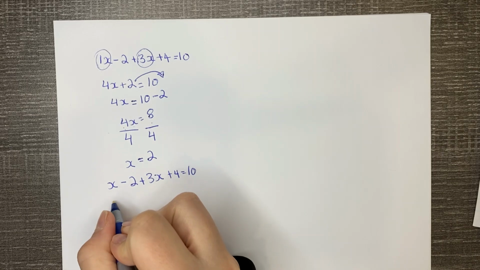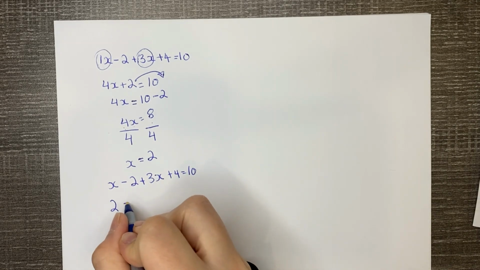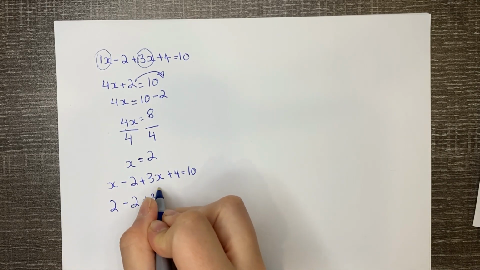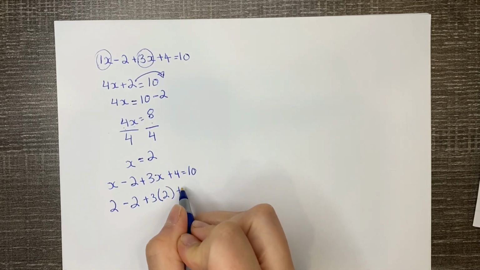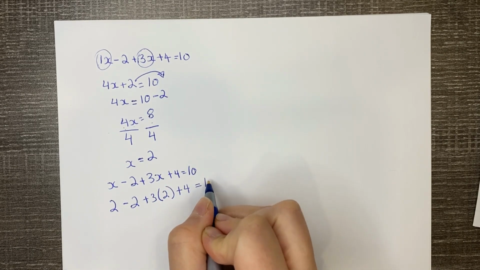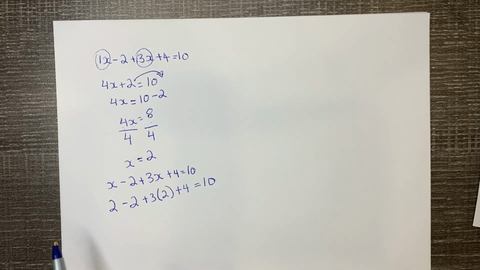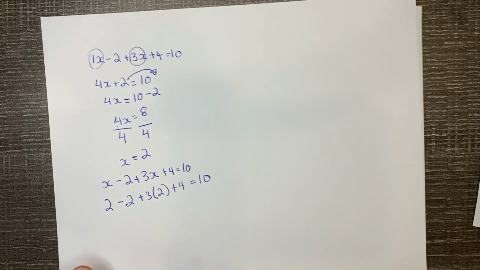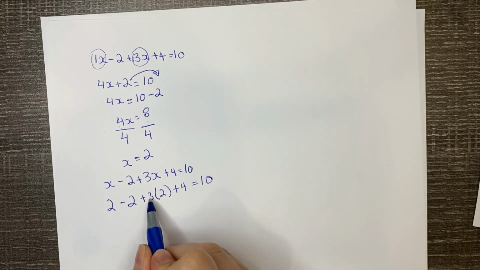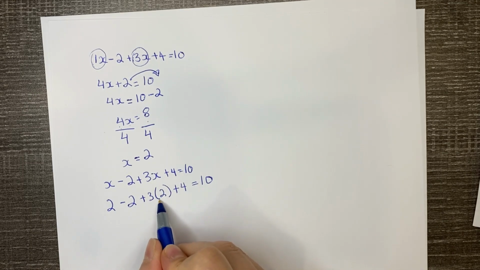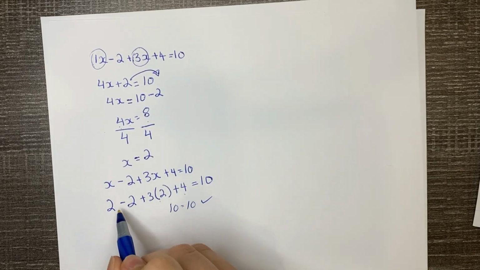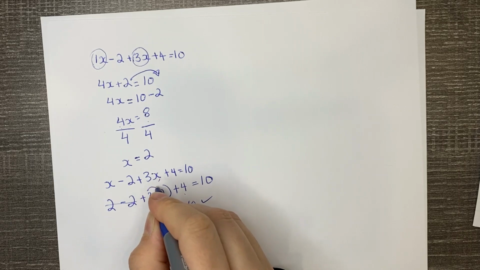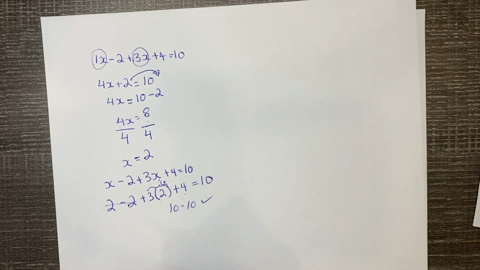The x we're going to sub in 2, minus 2 plus 3 being multiplied by the value of x, which is 2, plus 4. Let's see if it's going to equal 10. So 2 minus 2 is 0. 3 times 2, that's 6. 6 plus 4 is 10. So we're good, right? These zero out. This becomes a 6. Plus 4 is going to give you the 10.